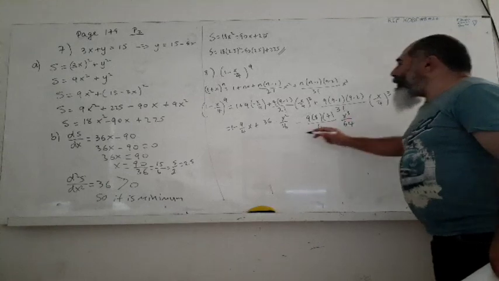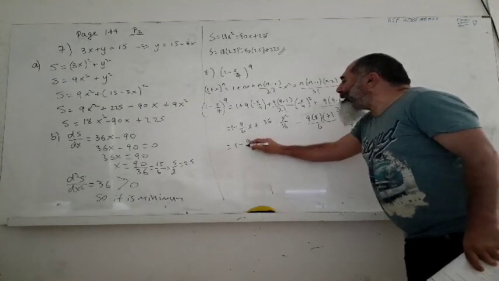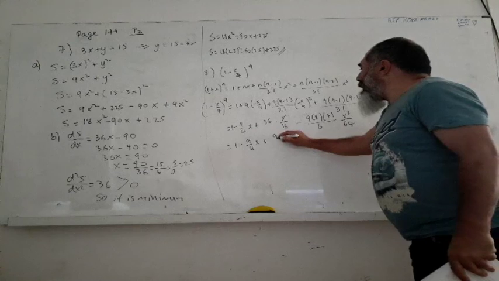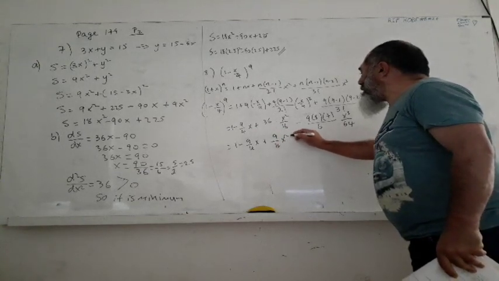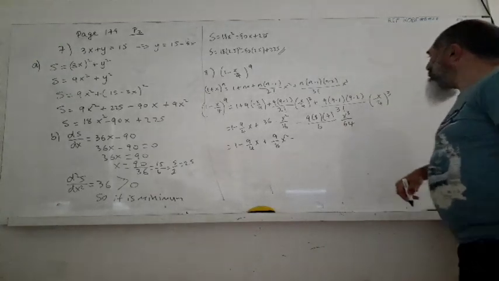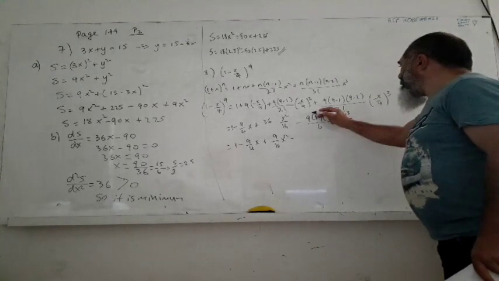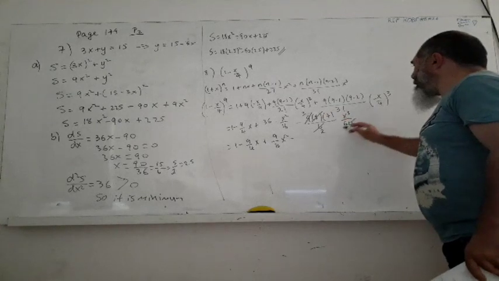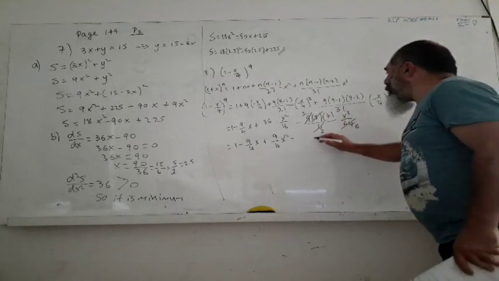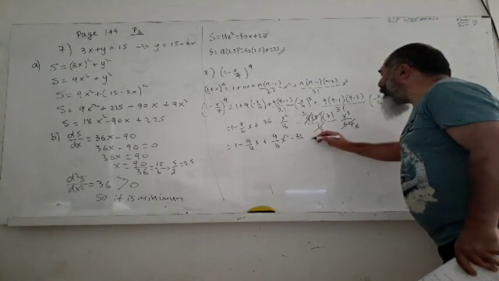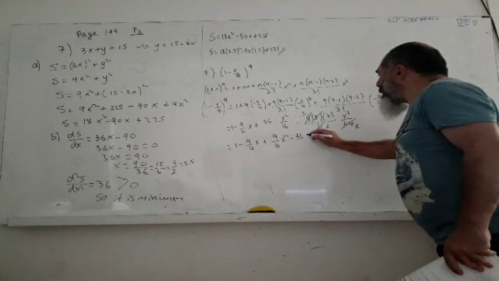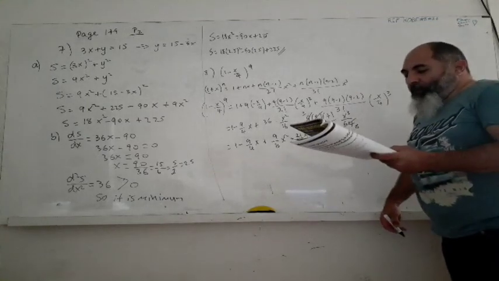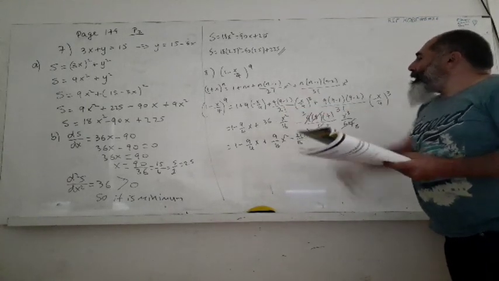So 1 minus 9 over 4x plus 9 over 4x squared minus, let's do the cancellations, 21 over 16 x cubed is the expanded form of 1 minus x over 4 to the power of 9.